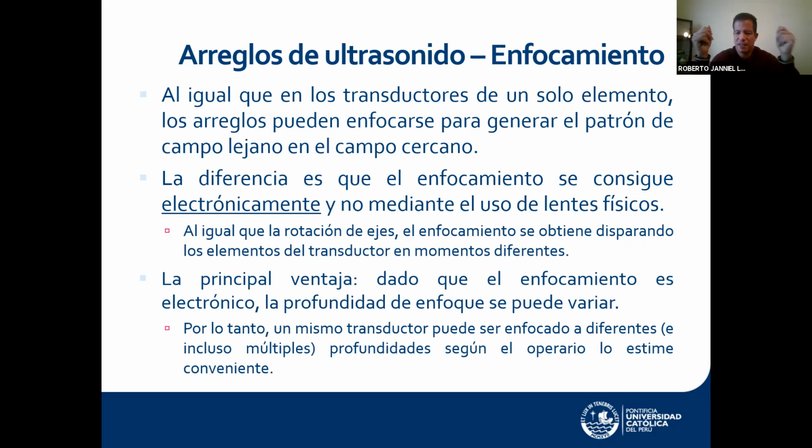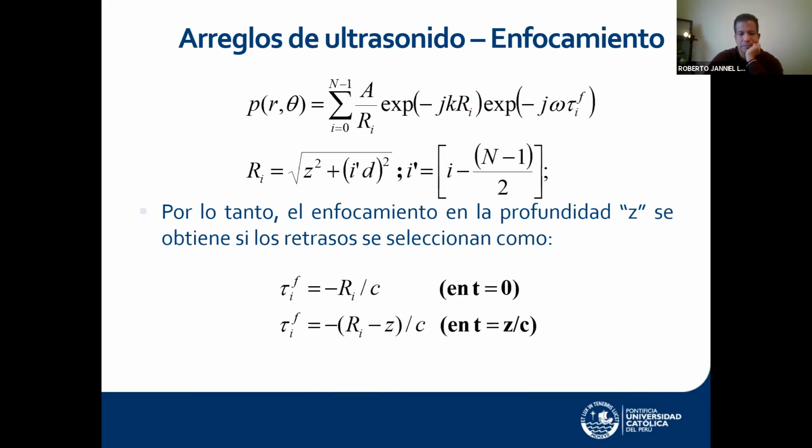So you can have the same transducer and focus it at arbitrary depths, right? It's the same transducer, you just change the delays that you send to each one of the elements, and you can focus it on different depths. And the idea is relatively simple, when you really think about it.